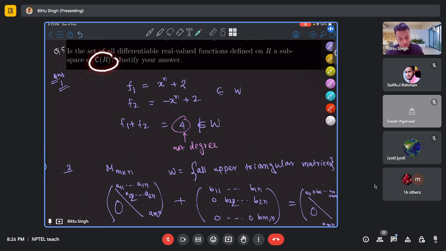Now, instead of continuous functions, we are restricting to differentiable functions. Here V is C(R), the set of all continuous functions, and W is the set of differentiable functions. Now, what can you say? Is W a subspace or not?